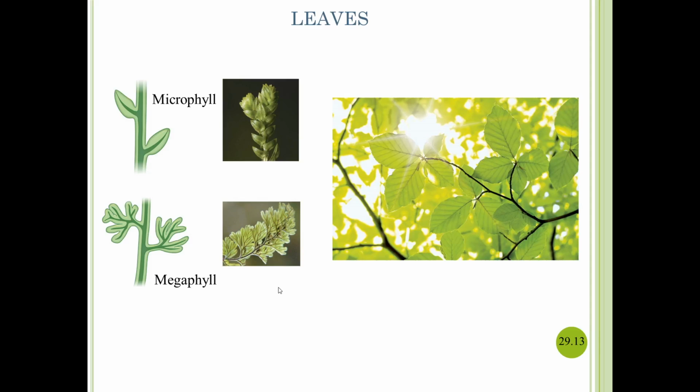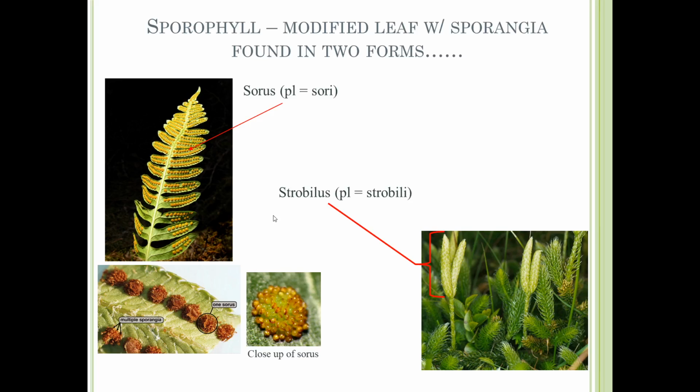Now, your leaves aren't always just going to be for only photosynthesizing. There are leaves that are adapted for other functions, and that's what is called a sporophyll. So let's just look at the term here, guys, and it might be worth noting that for these new terms, if flashcards work for you, that might be a good thing to at least start with so you can just kind of know the roots.